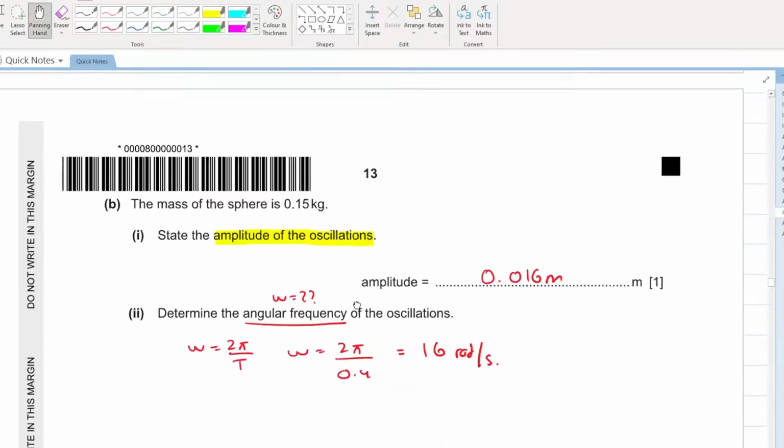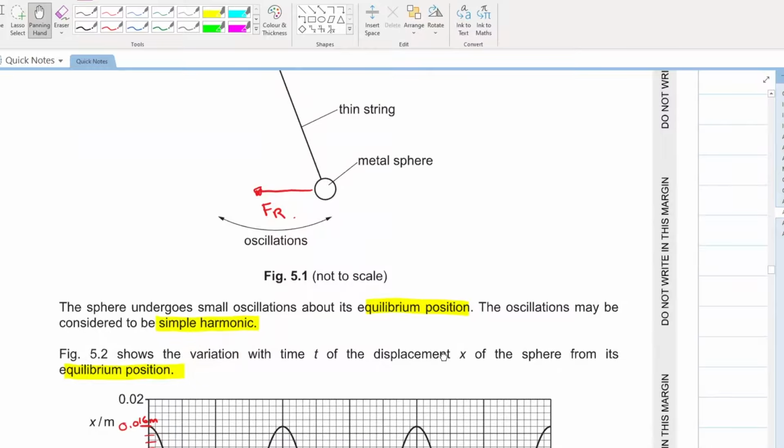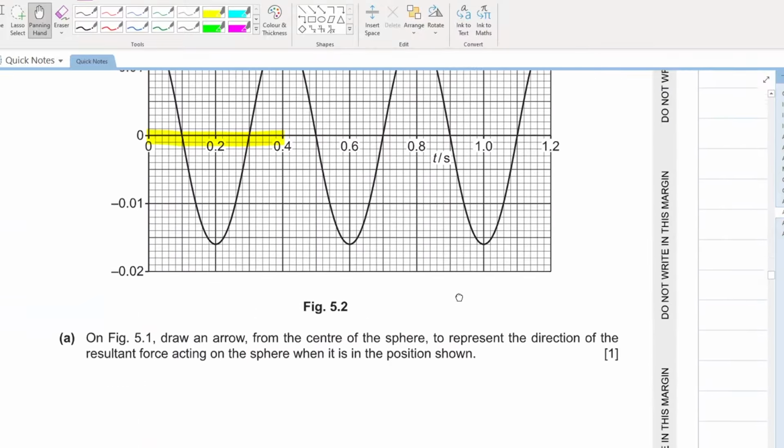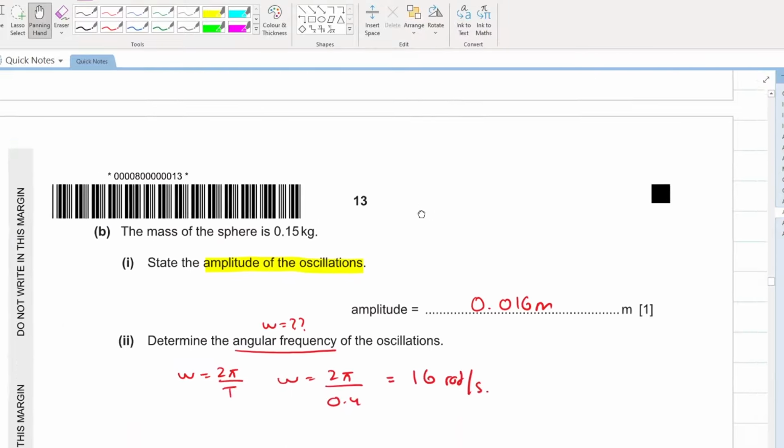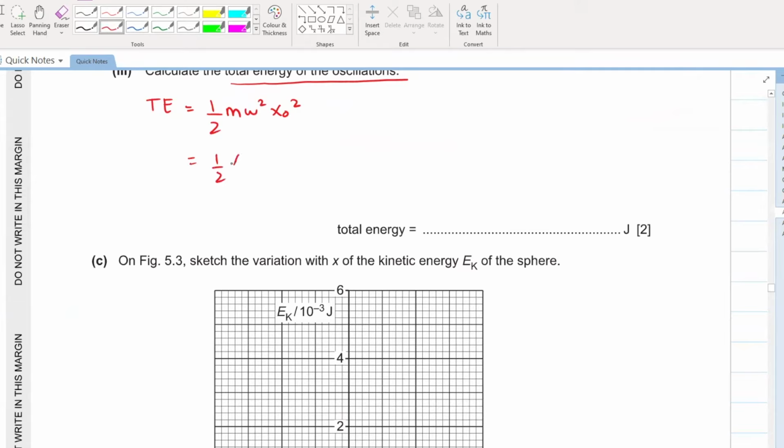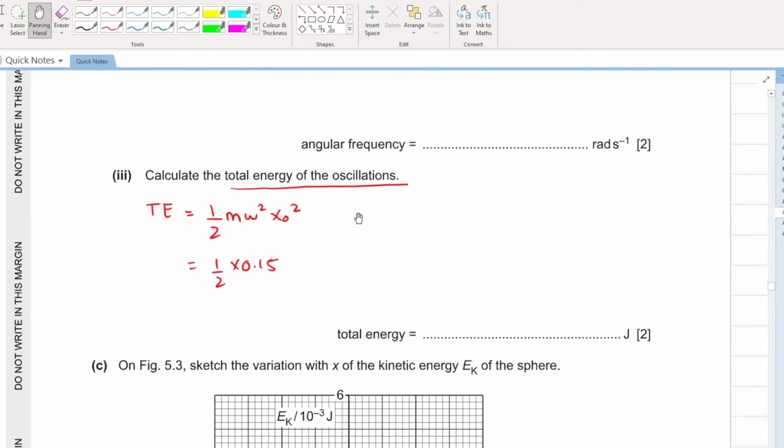I guess I saw somewhere the mass of the pendulum. Here we have it. The mass of the sphere is 0.15 kg. So you have the mass. Place it here. Do you have W? Yes, you just calculated it, 16.